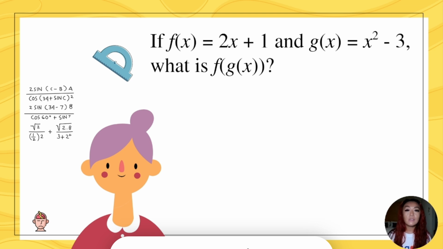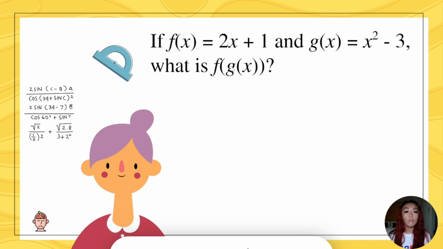They're not asking us to evaluate at any given x value, right? So what we have to do here is substitute what we have for g of x, the expression x squared minus 3. We're going to substitute that for x into f of x, right?